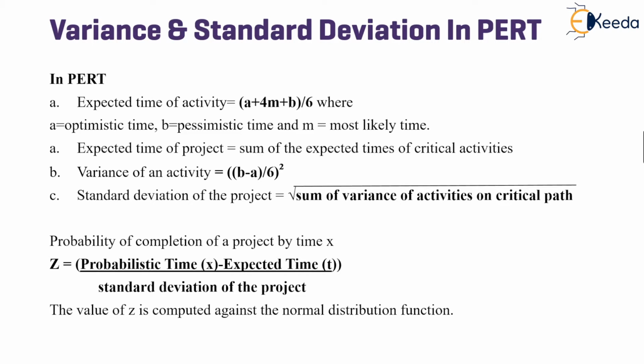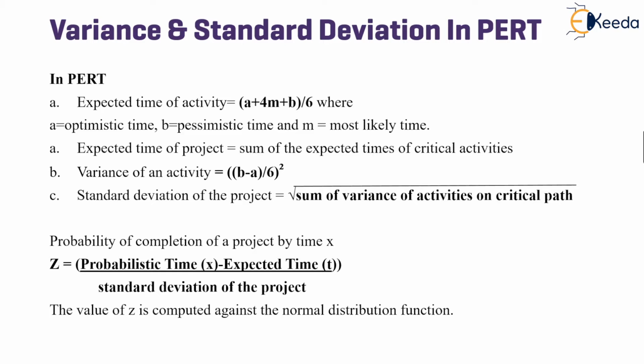The expected time of an activity is optimistic time plus 4 times most likely time plus pessimistic time, the whole divided by 6. Whereas the expected time of a project is calculated by the sum of the expected times of critical activities. In case there are dependencies shown for the activities, a network diagram has to be prepared and then the duration calculated on the critical path.